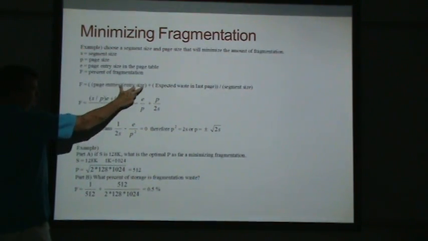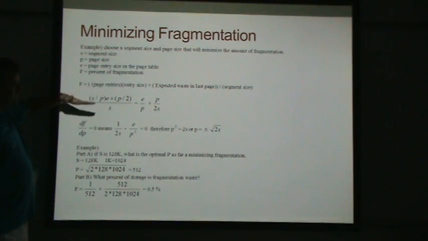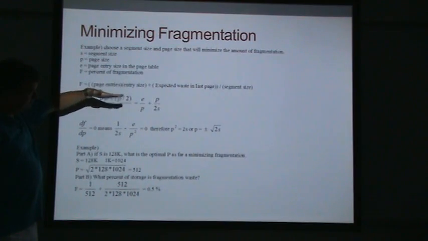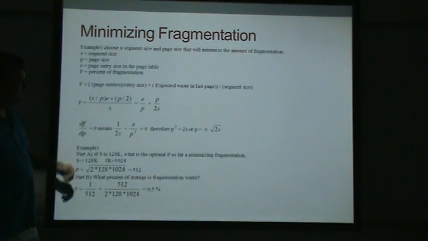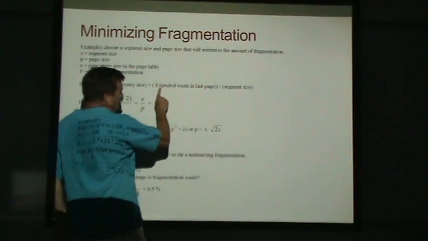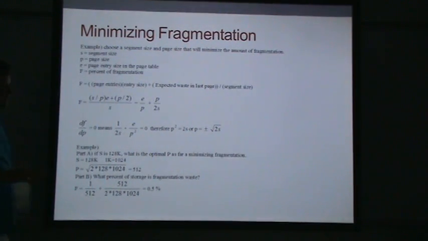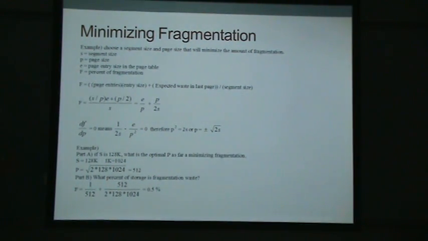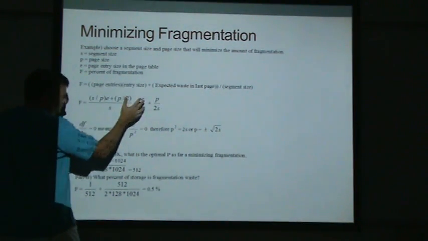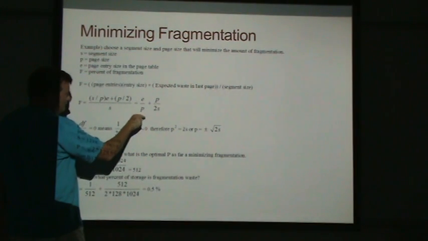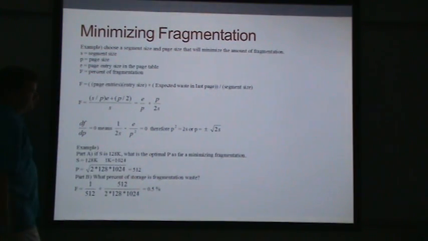So it's the number of entries in the page table times the number of bits we use to put the address in. And then we also want to add the amount of wasted space on the last page, and then divide that whole thing by the segment size. So the percentage of fragmentation ends up being this equation, which you get when you clean up the math: E over P plus P over 2S.